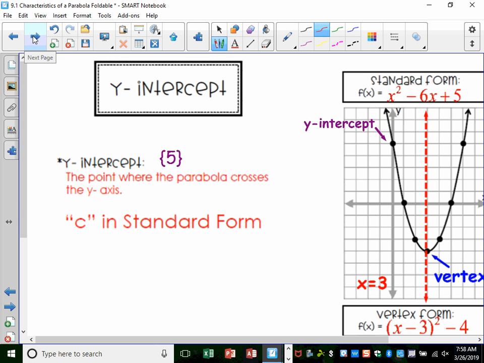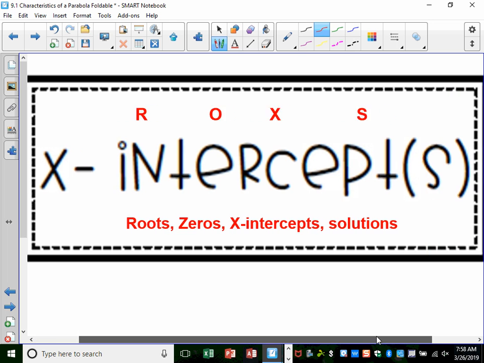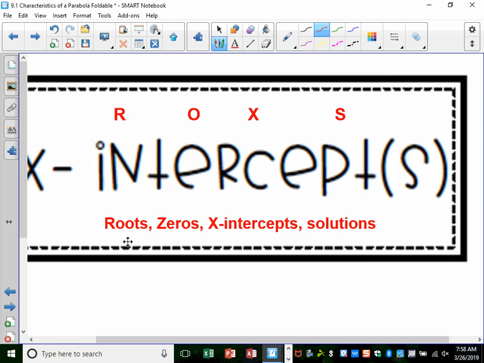All right, now for the x-intercept, and this is how we write the answer. So you'll just put it in the little set brackets. All right, now there are several names we use for x-intercept, just like we did for linear equations. We can use root, so there's a little acronym you can use to help yourself remember all the different ways to say x-intercepts. So we've got roots, zeros, x-intercepts, solutions.